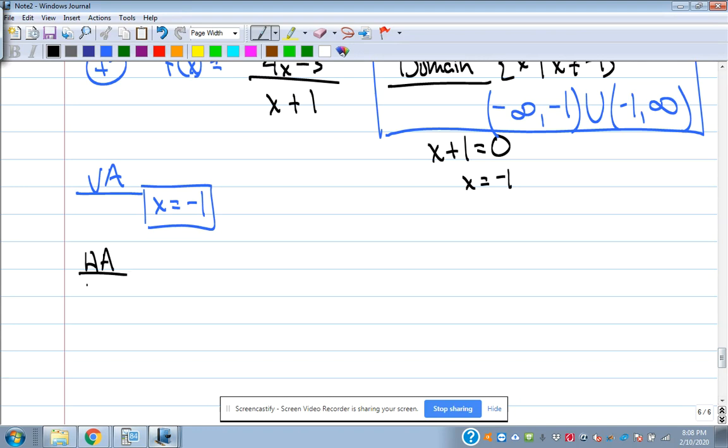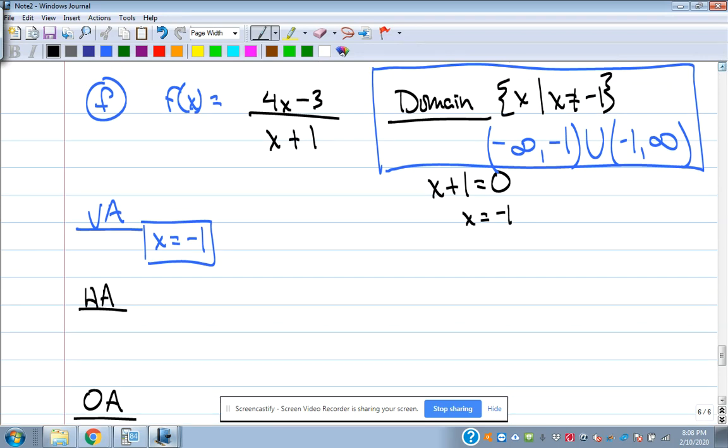And then we got to decide about horizontals or obliques. What's the degree of the numerator? 1. What's the degree of the denominator? Ooh, they're the same. So that's scenario B for horizontal asymptotes, which says that the horizontal asymptote will be at the ratio of the leading coefficients.